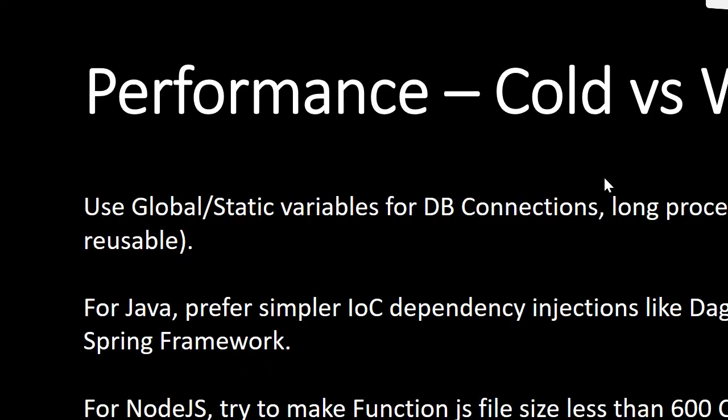When you write your function, try to identify the objects which are going to be long processing, or the objects which are required to have a DB connection, or the static variables which can be put in global scope, and define them outside of the Lambda function so that in the next invocation of the function they can still have the values loaded and no need to reinitialize those objects.